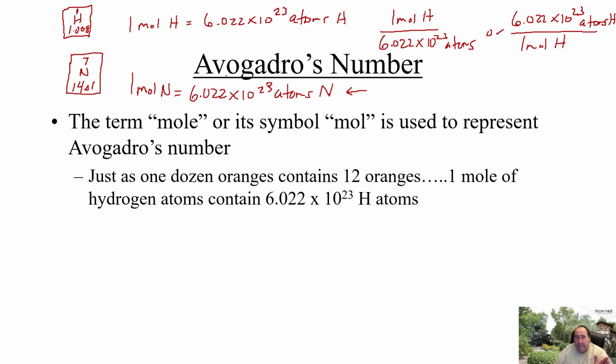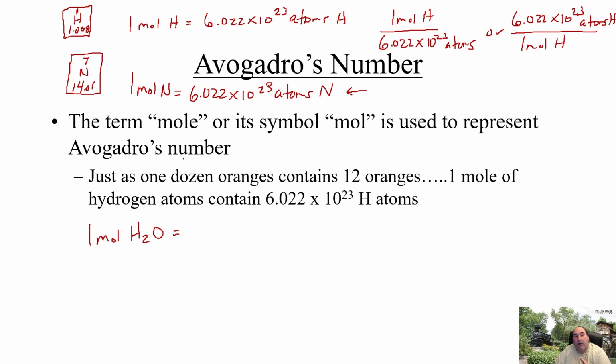Now, in addition, maybe we're not talking about something that is just one element or an atom of an element from the periodic table. Maybe we're talking about something that is more of a compound or a molecule. So, for example, if I had 1 mole of water, how many molecules would that be?